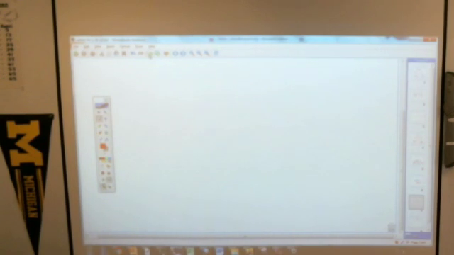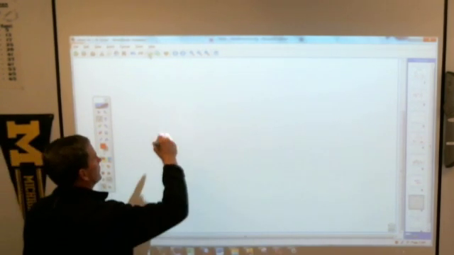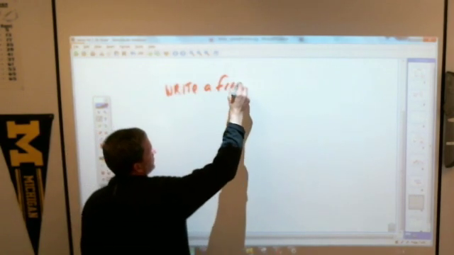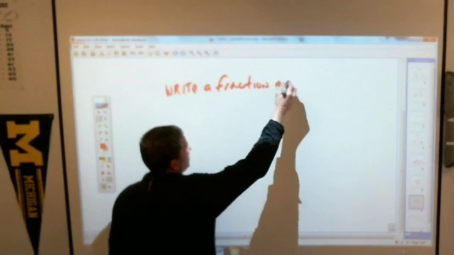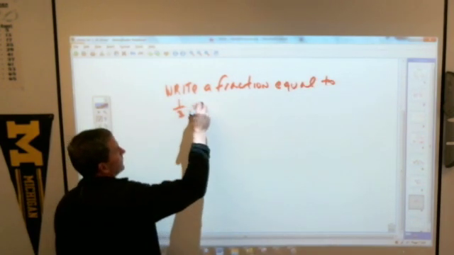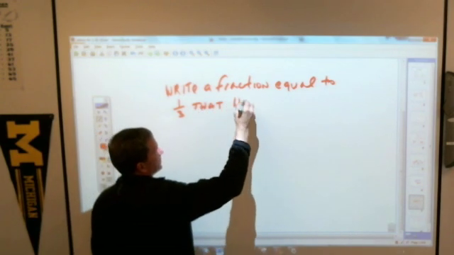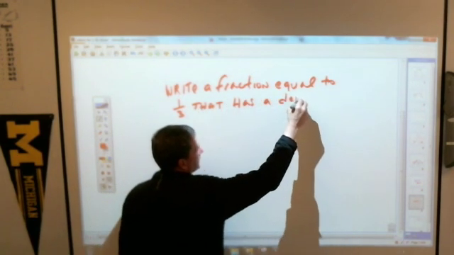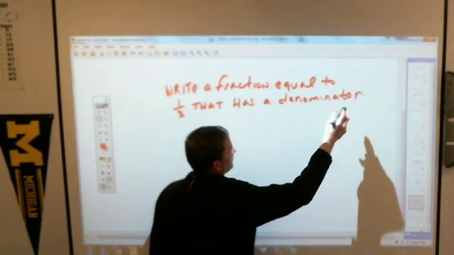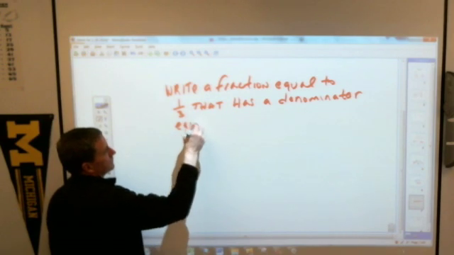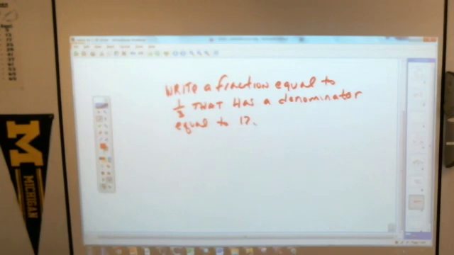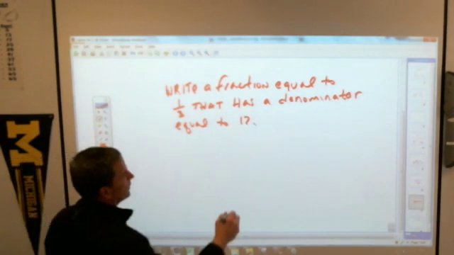Here it says, write a fraction equal to 1/3 that has a denominator of 12. Wait, we're not done yet.